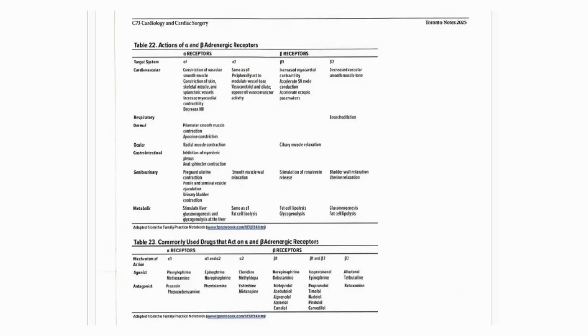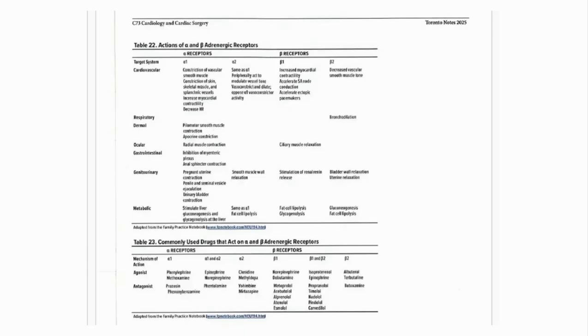Gastrointestinal tract. Alpha-1 activation inhibits the myenteric plexus. This decreases gastrointestinal motility. It also contracts the anal sphincter, reducing bowel emptying. Genitourinary system. Alpha-1 receptors produce contraction of the pregnant uterus, urinary bladder neck, and internal urethral sphincter.